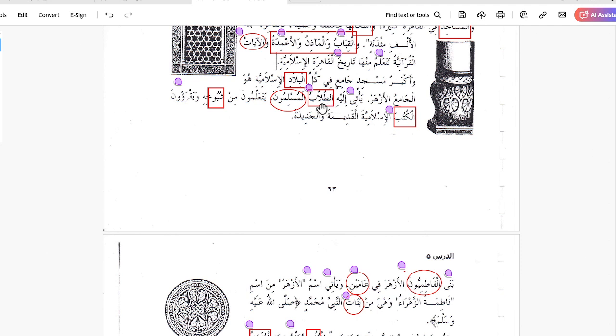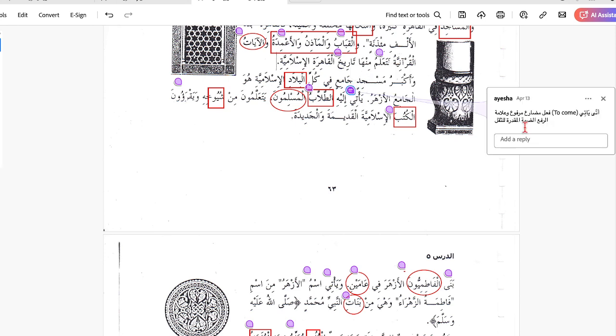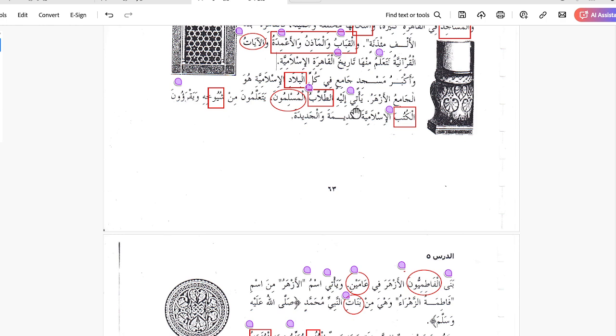Yati ilayhi at-tullabul muslimuna. Yati is the verb, ata, yati, to come. So yati is a fi'l mudari', marfu', and the sign of rafa' is the estimated damma because of thiqal. It is actually yati, but ya is a weak letter, so the damma won't show here. That is why we say estimated damma.